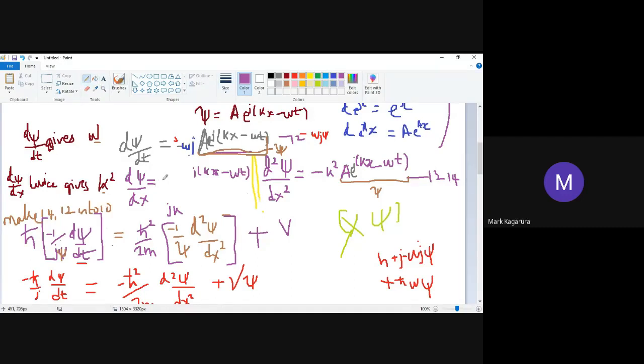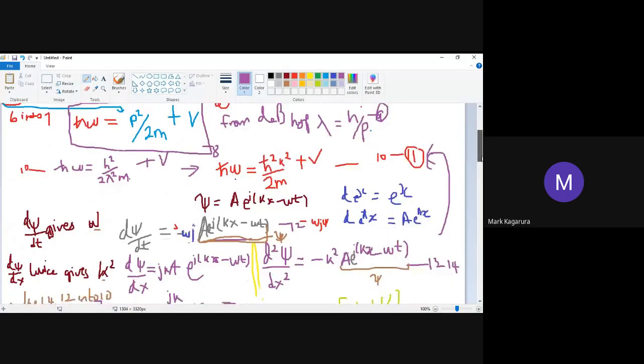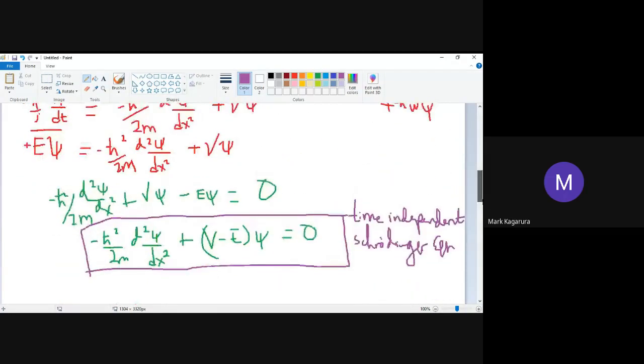It's almost inconsequential, but it's important. So we'll exaggerate the e there. I think that should be clear now. So that's the time-independent Schrodinger equation.